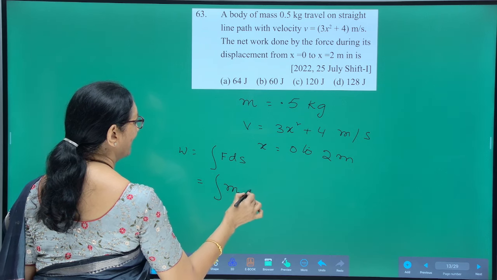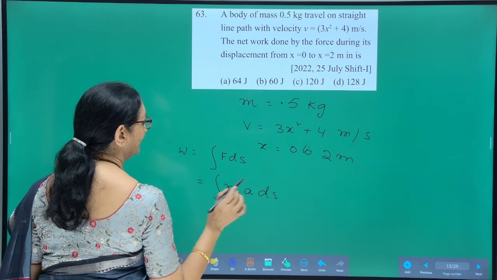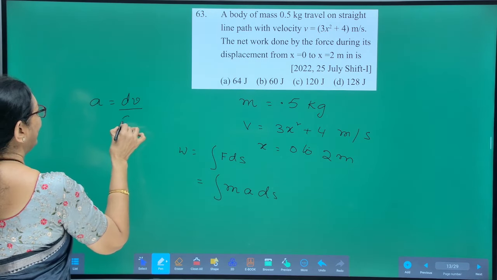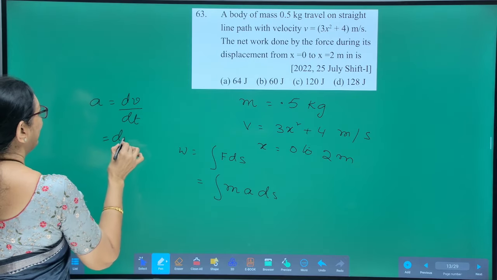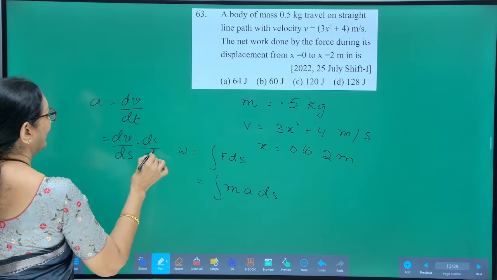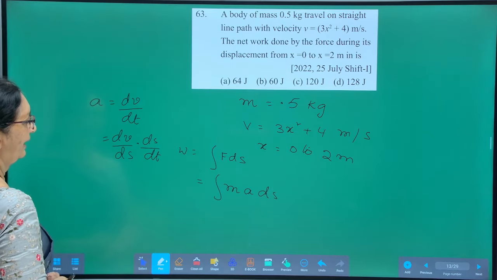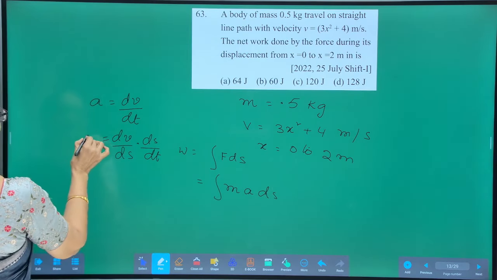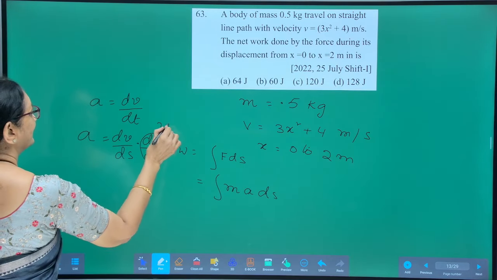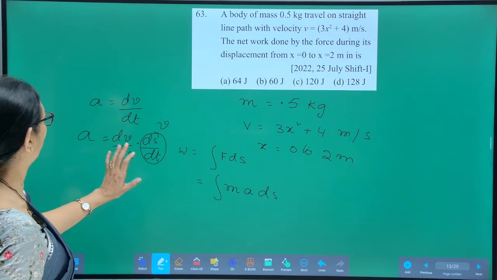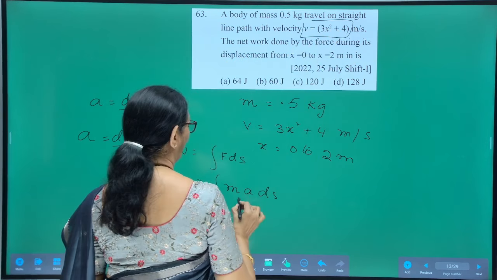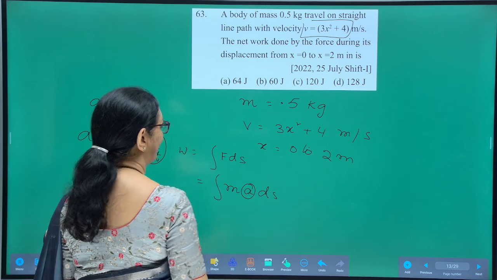F is m a, so m a into ds. See, acceleration is dv by dt, or dv by ds into ds by dt. So, ds by dt is nothing but velocity. Let us try to find out acceleration from this expression here.